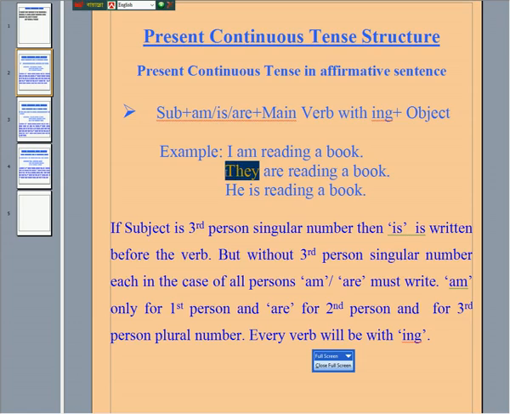Here they is the subject, third person plural number, are is the auxiliary verb, reading is the main verb, read with ing, and a book is the object. Next sentence: he is reading a book. Here he is the subject, is is the auxiliary verb, reading is the main verb with ing, and a book is the object.